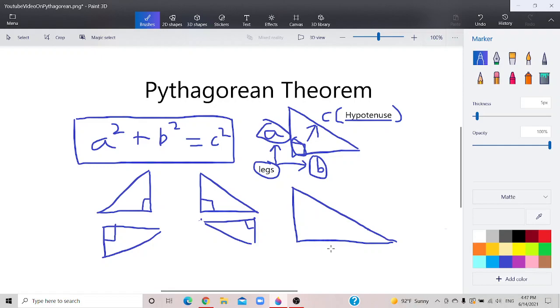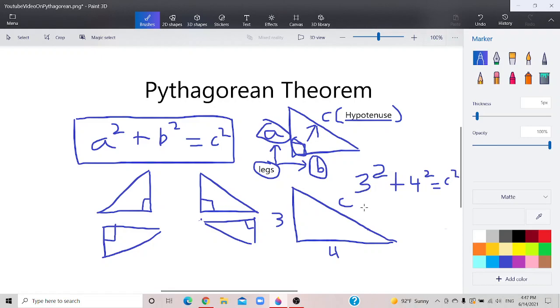Let's say A is 3, B is 4, and we don't know what C is, so we'll just keep it as C. Well, let's plug in the formula. It's A squared, 3 squared, plus 4 squared, because 4 is in the position of B, equals C squared.